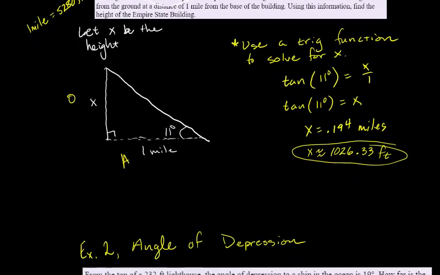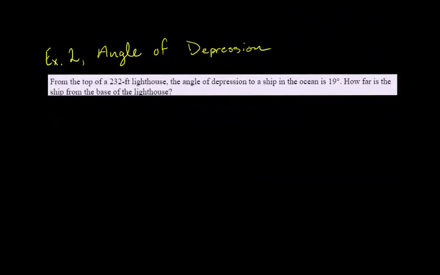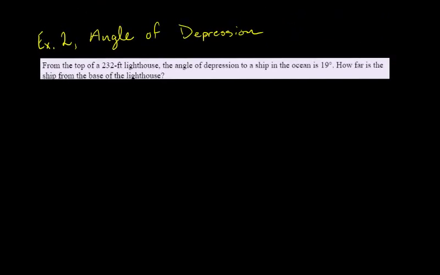All right, let's do another with angle of depression. All right, so here we go. We've got from the top of a 232-foot lighthouse, the angle of depression to a ship in the ocean is 19 degrees. And you've got how far is the ship from the base of the lighthouse? That's what we're going for.